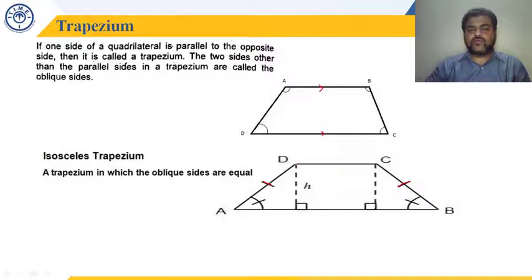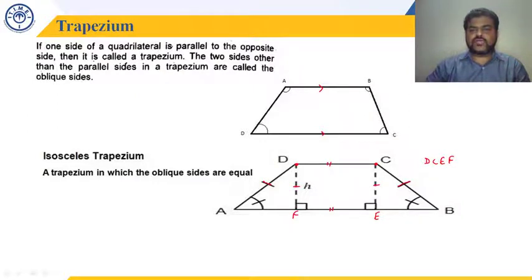So if you draw perpendiculars from these two vertices, from D and from C, on AB, then this dotted line is known as the height. Now suppose this is E and this is F. So with this dotted line, this figure DCEF will become a rectangle. It means this will be equal to this and this will be equal to this.